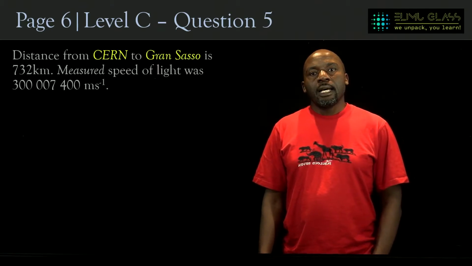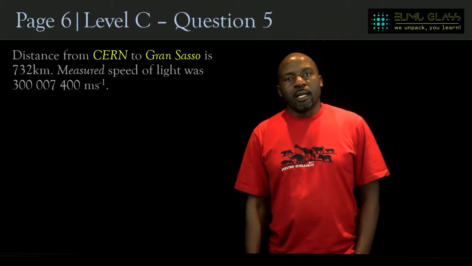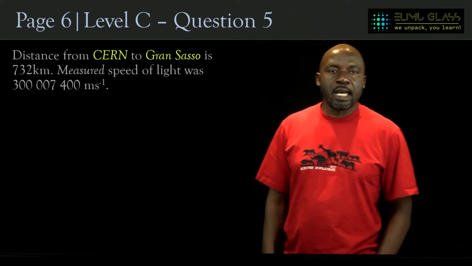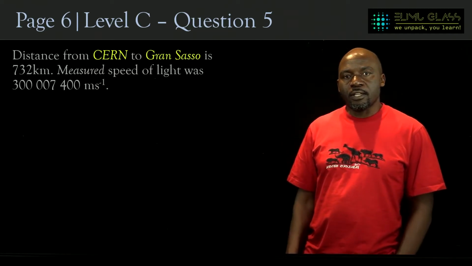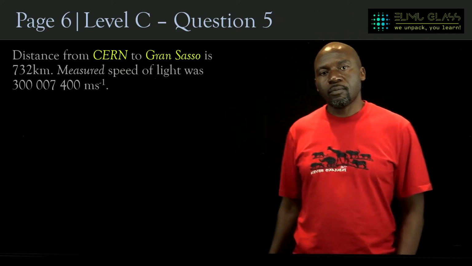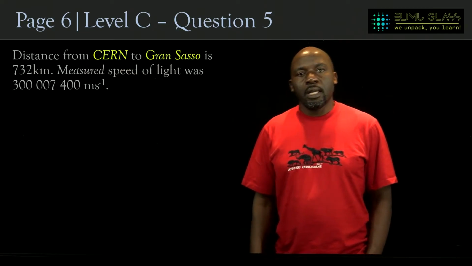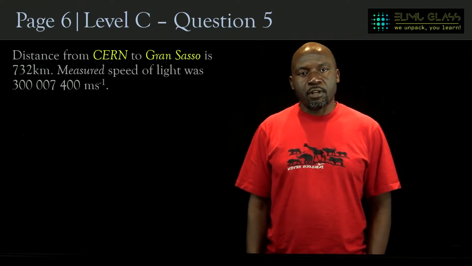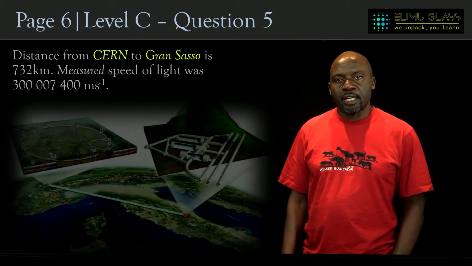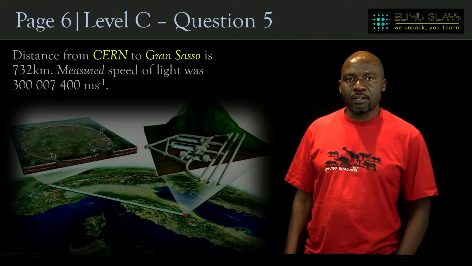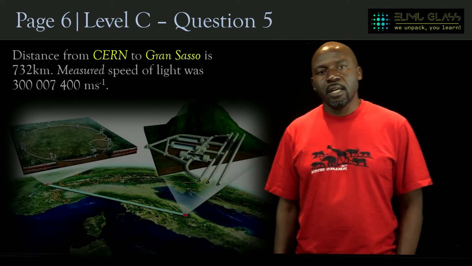All right, next. Page 6, level C, and now this is question number 5, okay? The distance from CERN, which is in Geneva, to Gran Sasso, which is in central north of Italy, is 732 kilometers, okay?